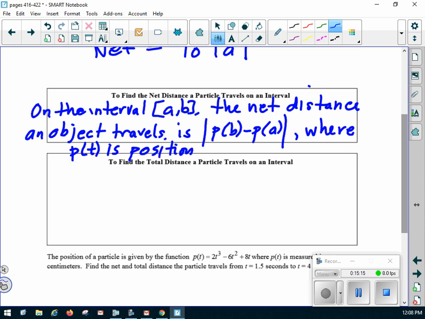It's just the change in position, but the absolute value of it. That way, moving to the left, which is considered negative, would still be positive.